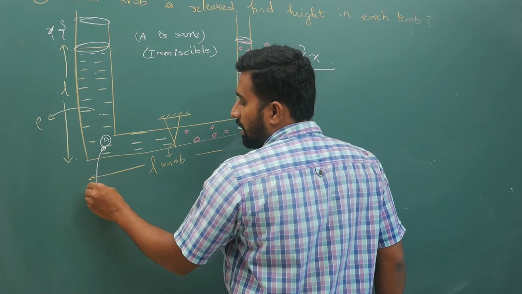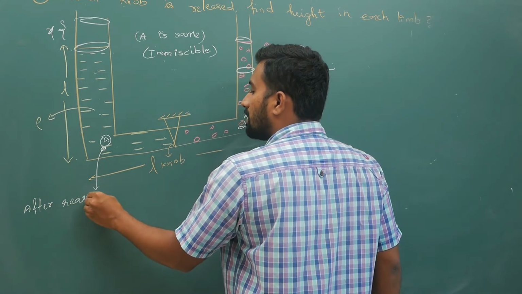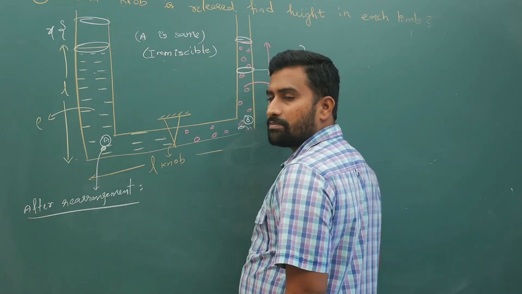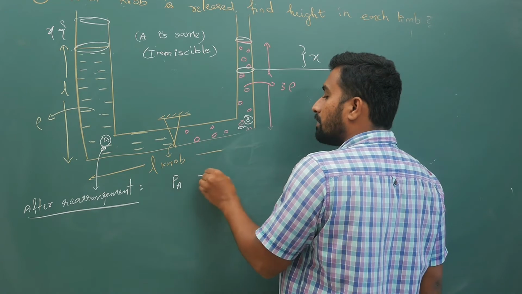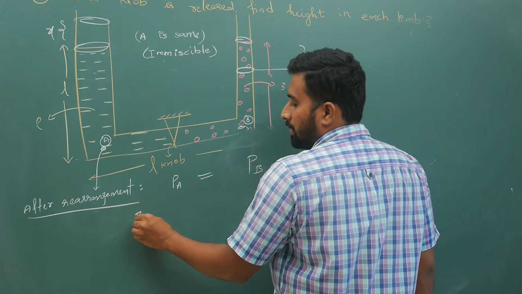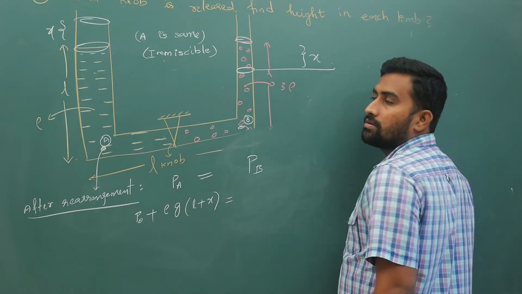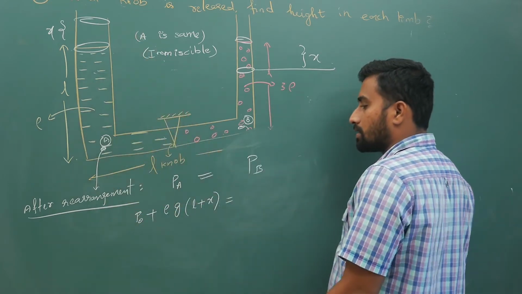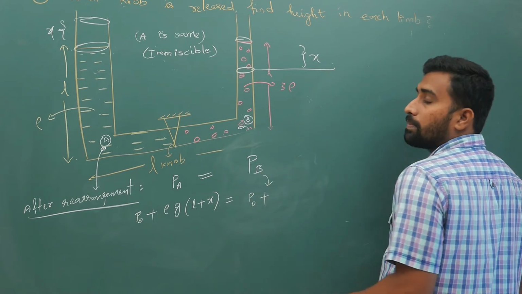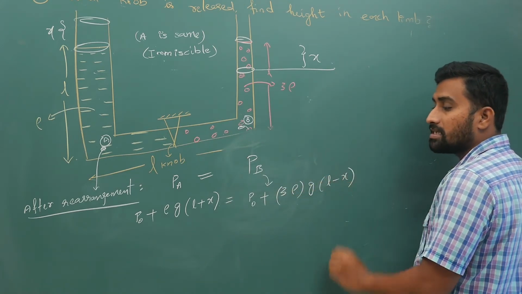After rearrangement, the pressure at A should be equal to the pressure at B. What is pressure at A? P naught plus rho into G into the height, which is L plus x, since this portion of liquid rises by x. Pressure at B from this side is P naught plus density of liquid 3 rho into G into the height L minus x.